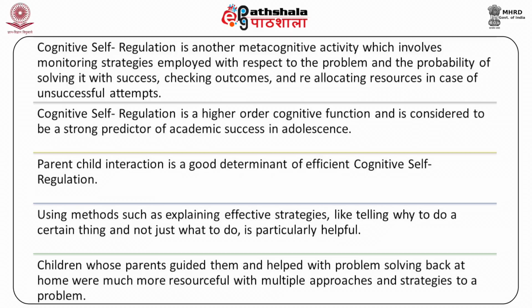Parent-child interaction is a good determinant of effective cognitive self-regulation. Using methods such as explaining effective strategies, like telling why to do a certain thing and not just what to do, is particularly helpful. Children whose parents guided them and helped them with problem solving back at home were much more resourceful, with multiple approaches and strategies to a problem.